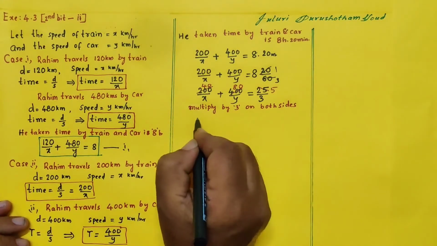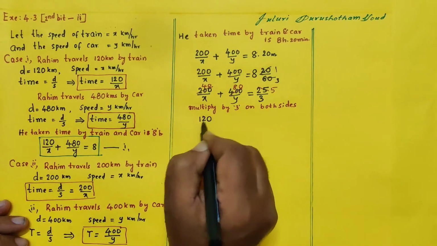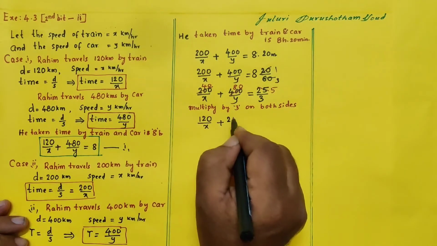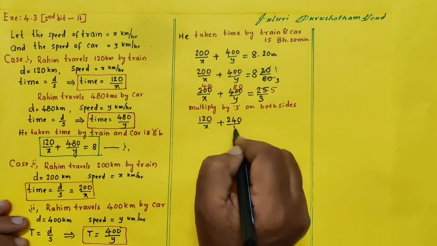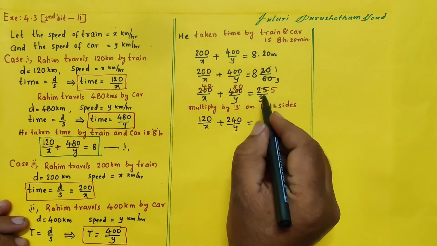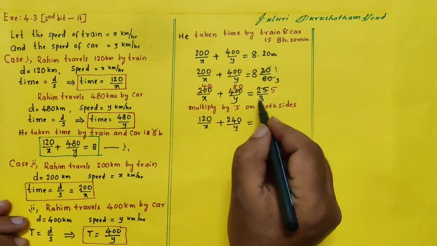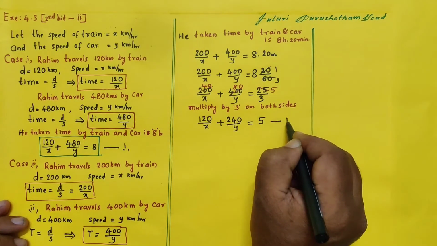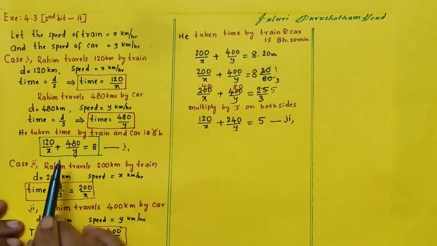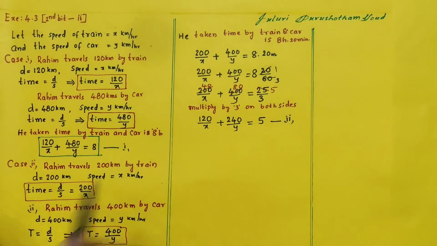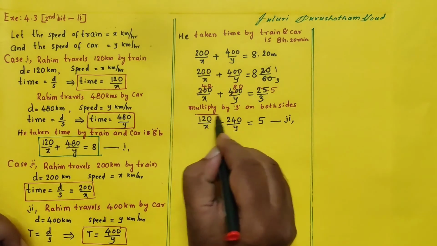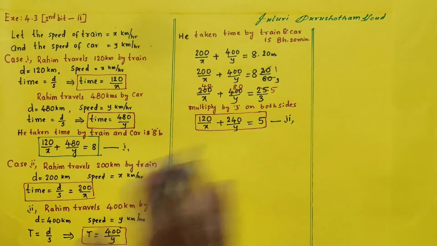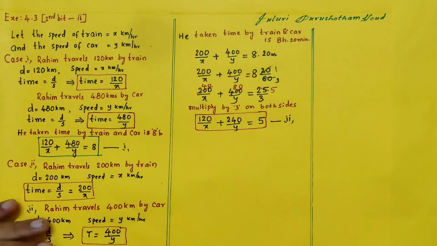If we multiply by 3, what do we get? 3 forties are 120 by x plus 3 eights are 240 by y. Here 3 into 5 by 3, the 3 cancels, we get 5. We treat this as the second equation. Now this is the first equation, this is the second equation. If you go by the elimination method, we have to get the value of x.